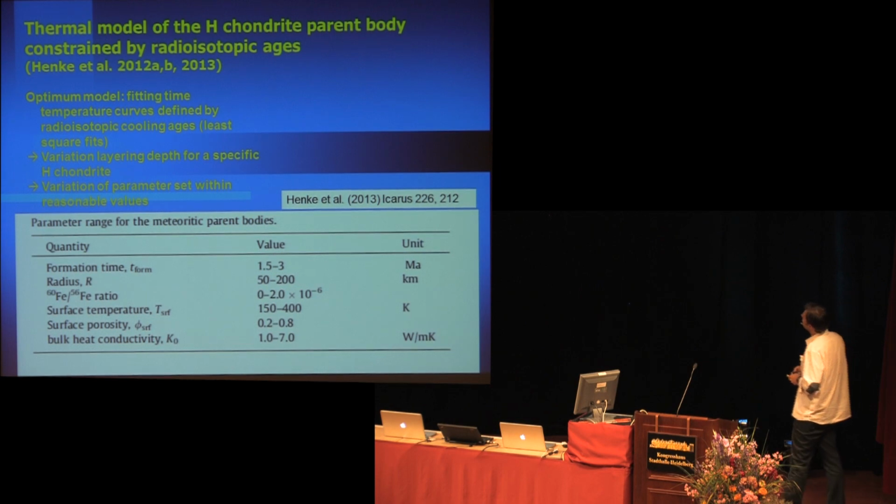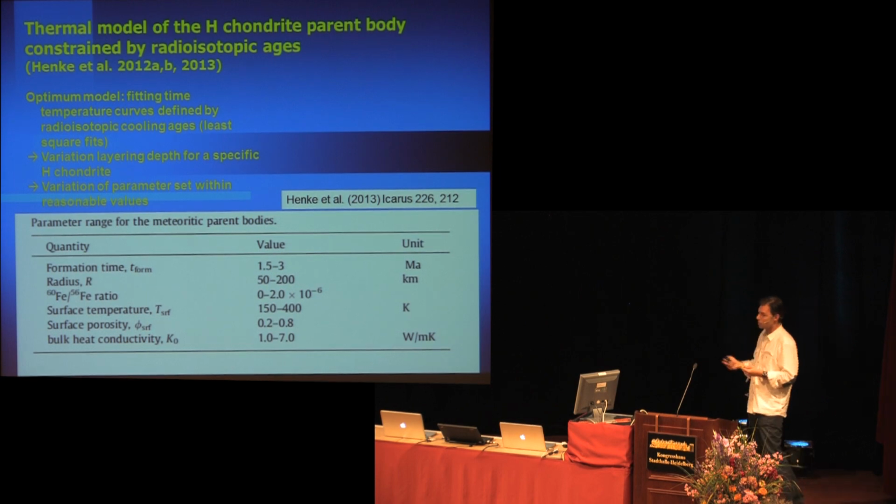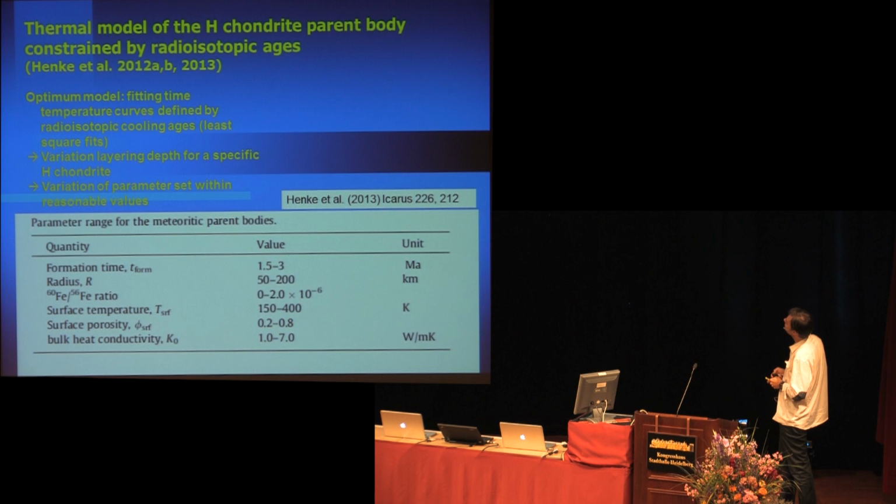Okay, now modeling, of course, also has improved, and the problem is now how to find the optimum model for this data. The optimum model should try to fit the time-temperature curves defined by radioisotopic cooling ages by least-squares fits for a number of well-defined meteorites and their data.